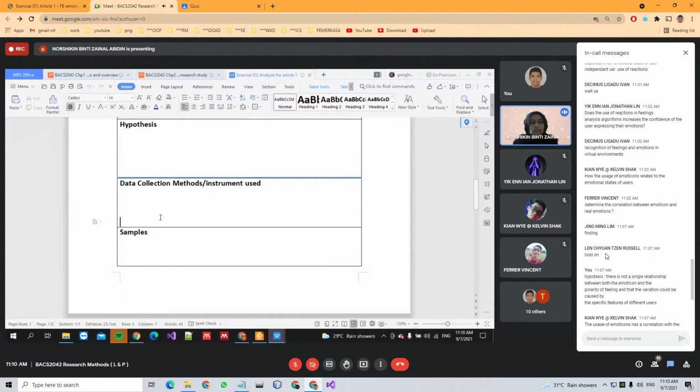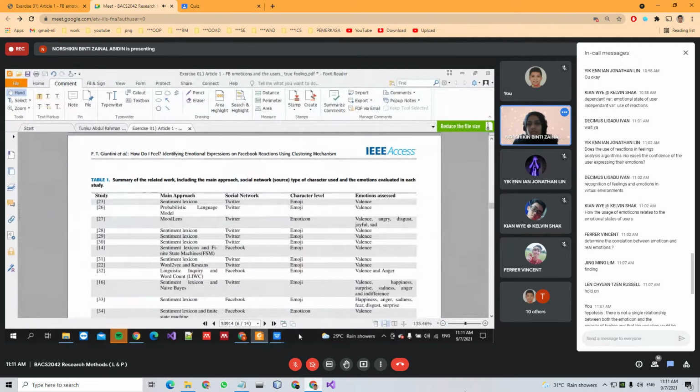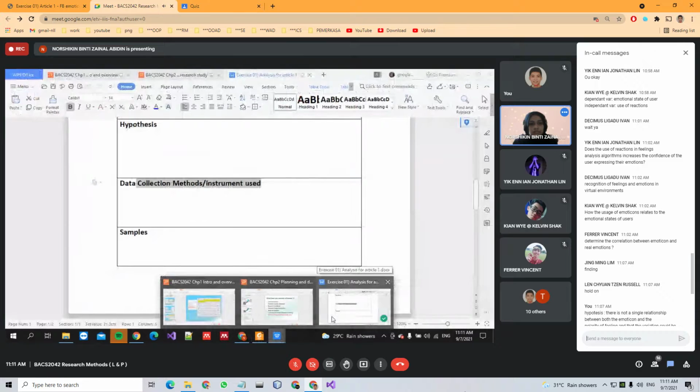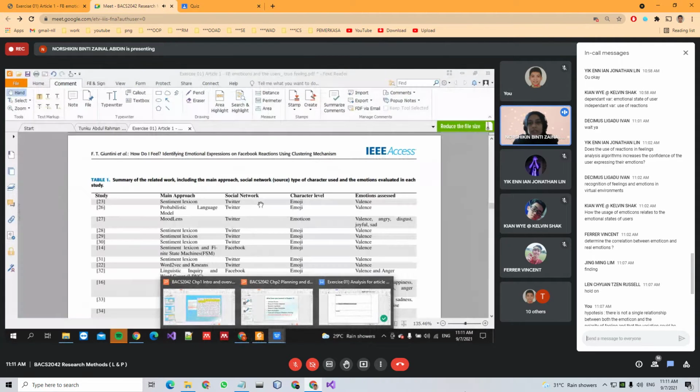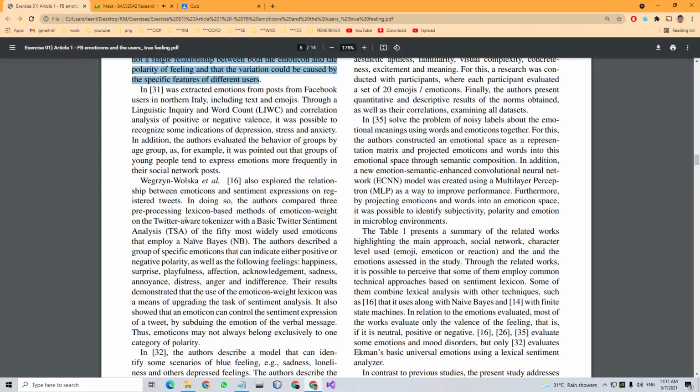And then next, we move to data collection method or instrument used. So Ferry Vincent, since you're the last one here, what's the data collection or instrument they use, or how they get the data from this part?